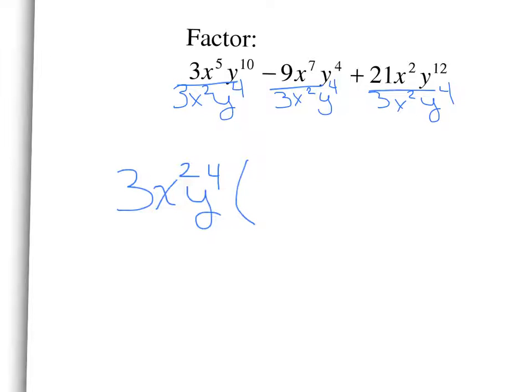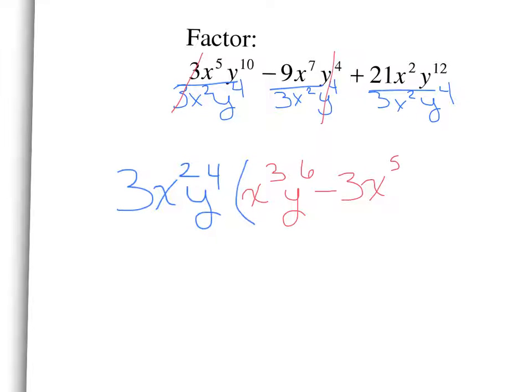Okay. 3 divided by 3 reduces to make 1. X to the 5th divided by x squared makes x cubed. Y to the 10th divided by y to the 4th makes y to the 6th. Negative 9 divided by 3 is negative 3. X to the 7th divided by x squared makes x to the 5th.